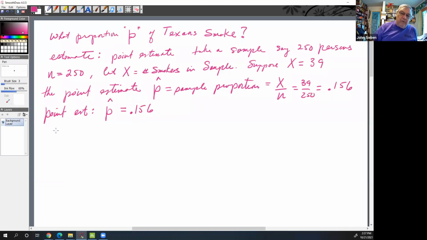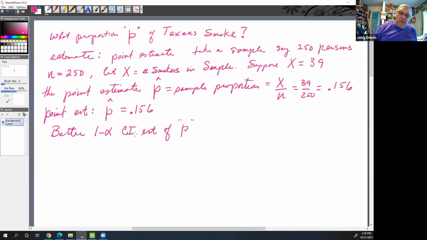So better would be a 1 minus alpha confidence interval estimate of P. I'm going to put that in parentheses again, because P is sometimes probability, and I want to keep it clear that this is proportion in this context.